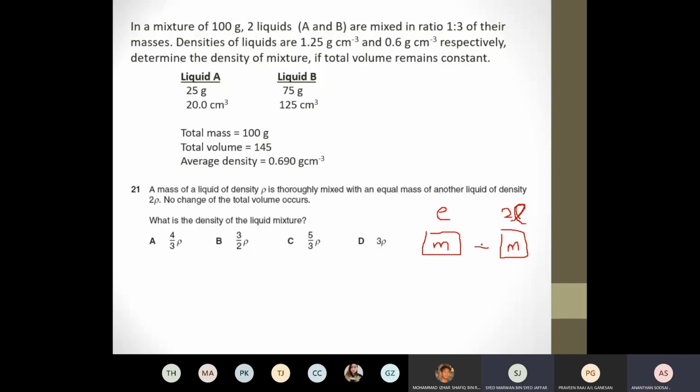So these two are mixed. So you got a new substance. What is this new density? That's the question.